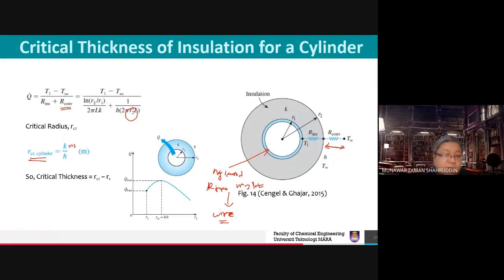H is H out lah, H kat luar, bukan dalam. So K insulator. So basically kalau you dapat ada K insulator and H out, bahagikan saja, you akan dapat dia punya critical radius of insulator.